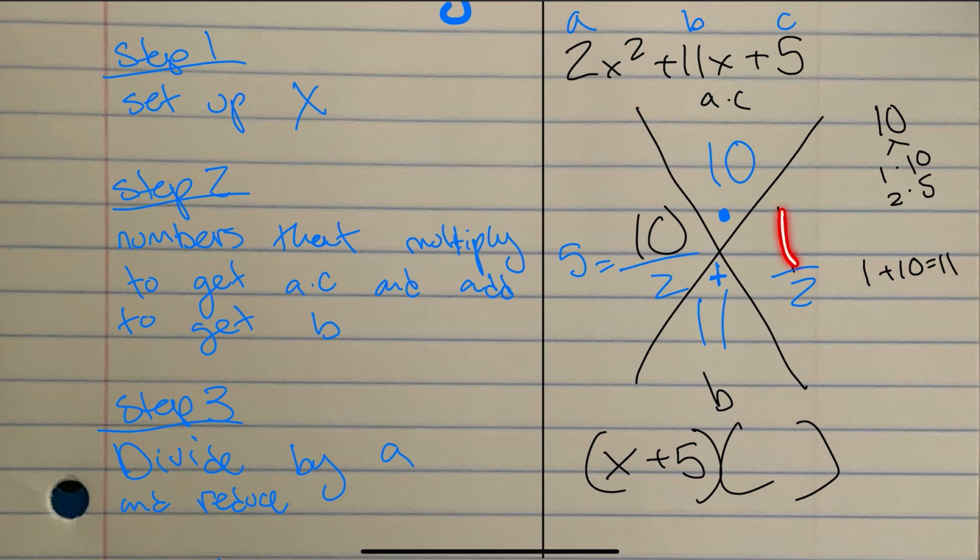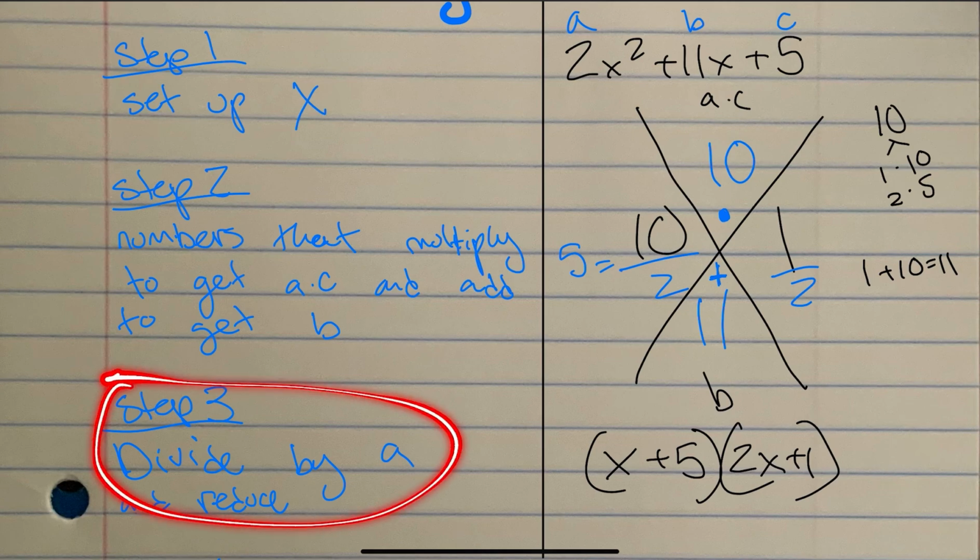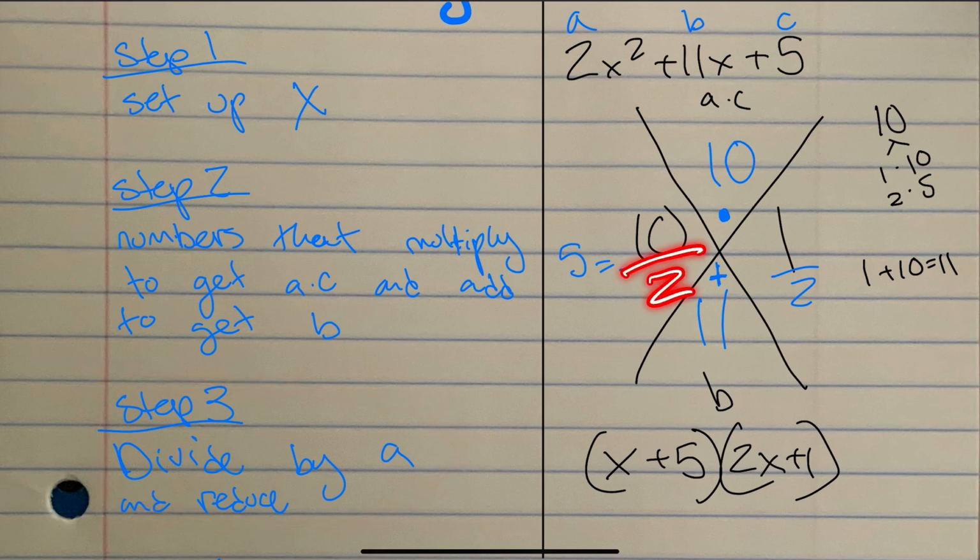If I have a fraction like this, I'm going to take my bottom number and write that in my parentheses first. So I have 2x plus your top number, which is going to be 1. And that is what my answer is going to look like. This is only slightly different from what we did before, and that is that added step 3 here where we have to divide out the a and reduce.